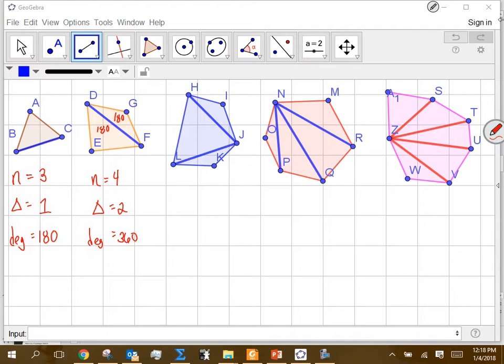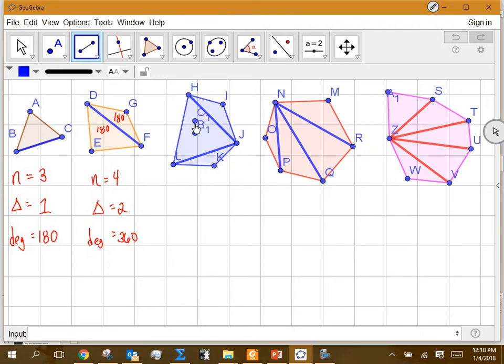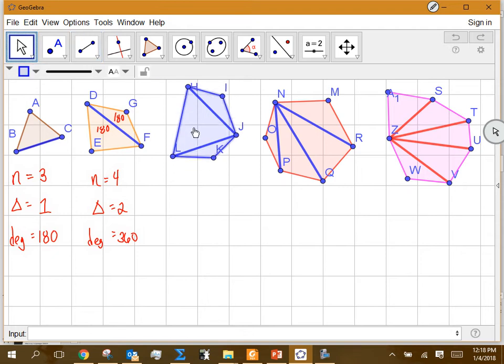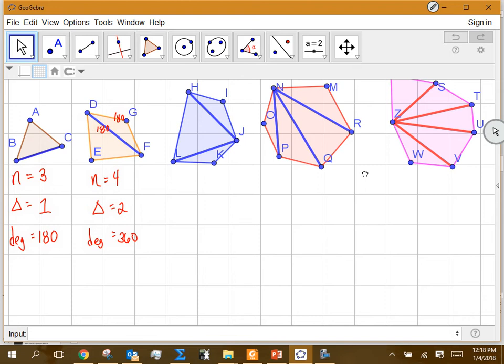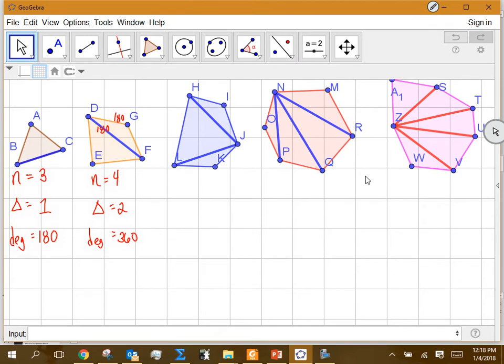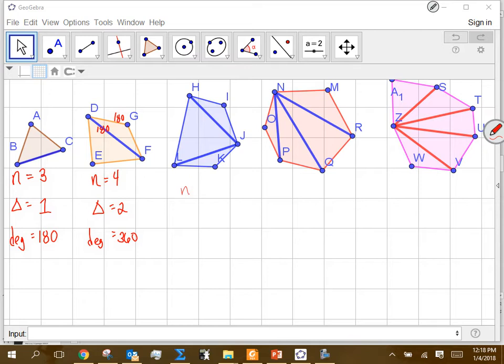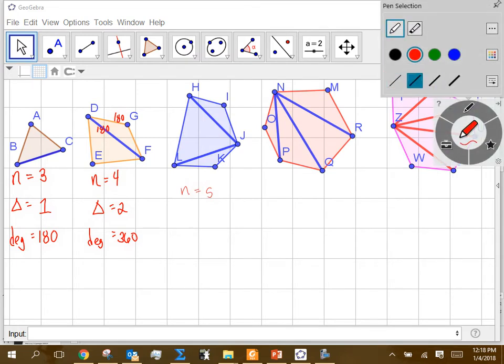We've got N to be 5 sides, right? So it's a pentagon.